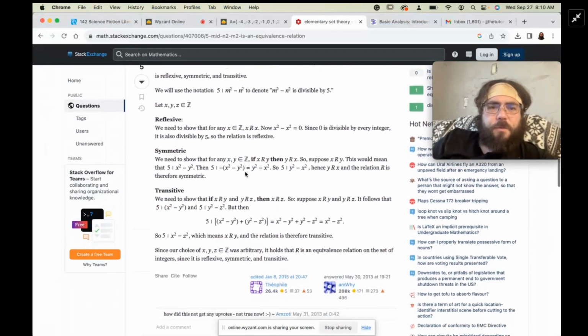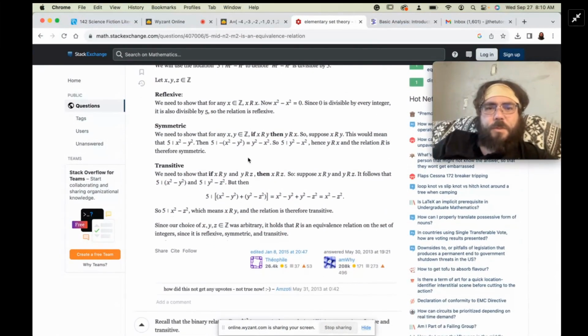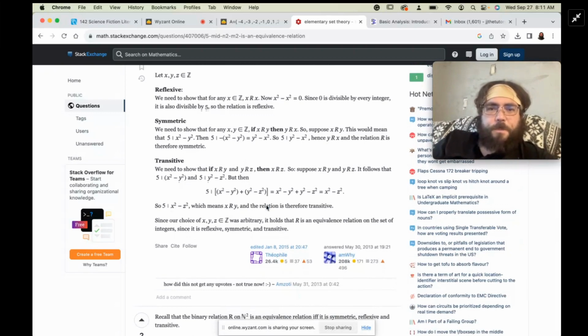And then for transitive, you're just going to basically add a third variable in there. So if you're dealing with L, M, N, P, you could use P, whatever you want. It's just a letter.